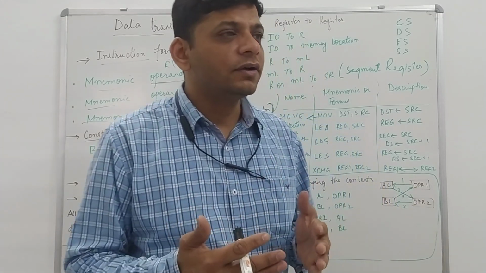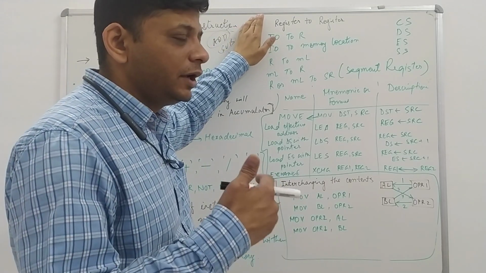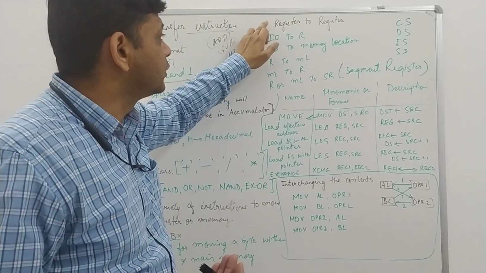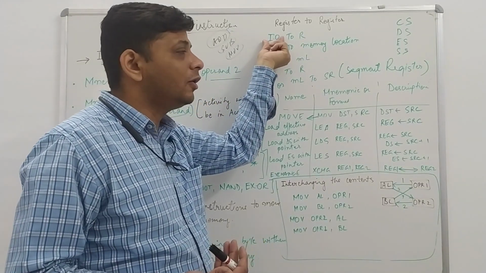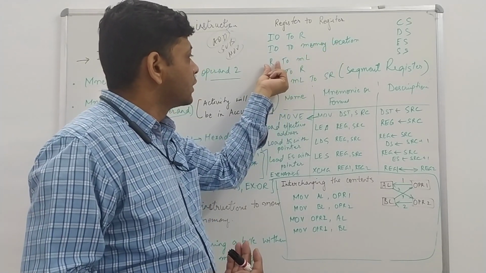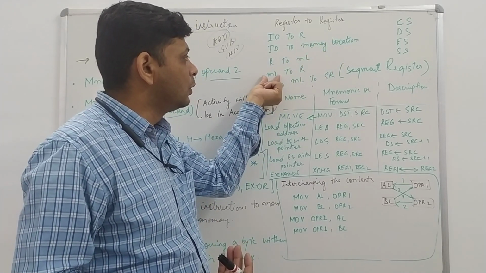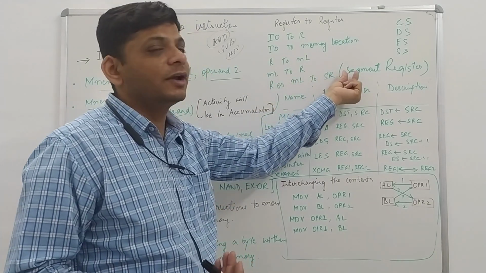And we have other transfers also: from register to register, from immediate operand to register, immediate operand to memory location, register to memory location, or a register or memory location to a segment register.